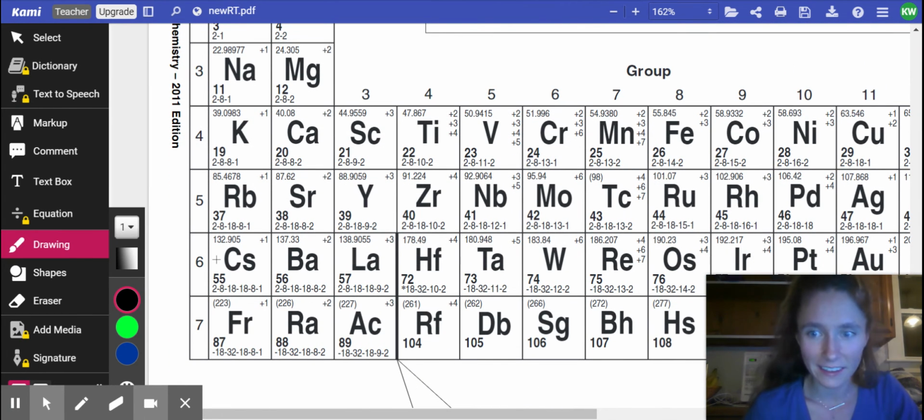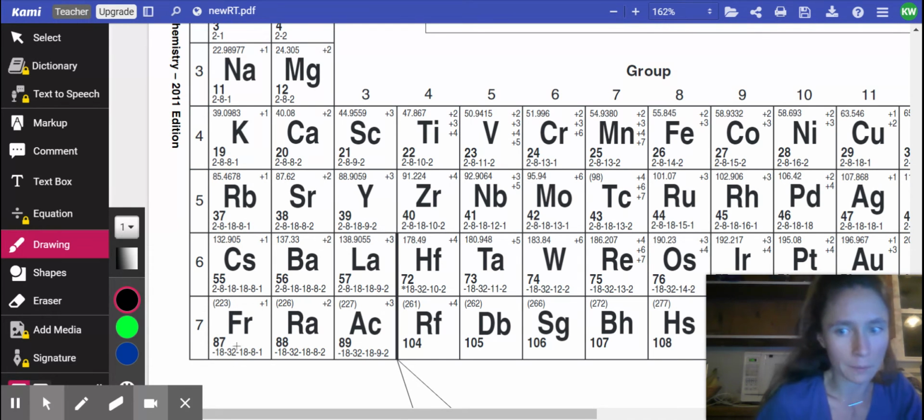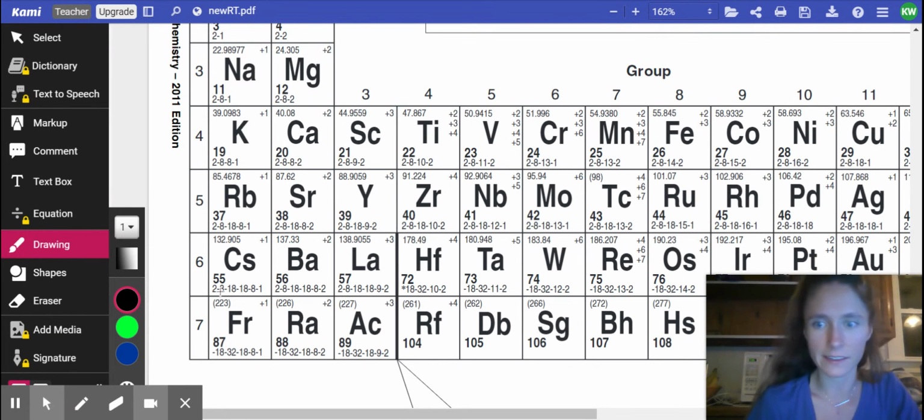So period 6 will have 6 energy levels, and period 7, while there aren't 7 numbers written, it's because they just got kind of lazy or they ran out of space. And so they didn't write the 2-8. But if they did write 2-8, it has 7 energy levels. They just didn't write it because it's redundant. But there are 7 energy levels even in period 7.